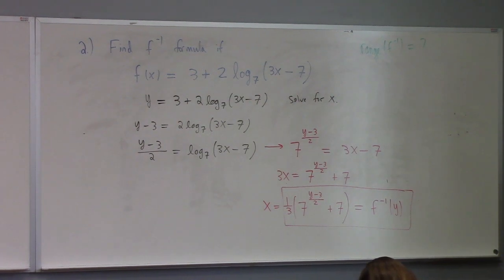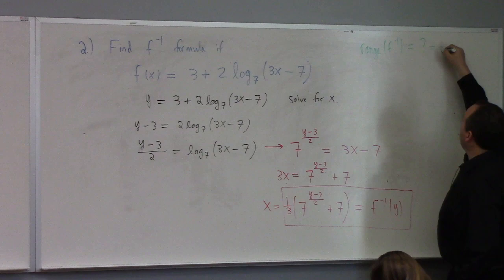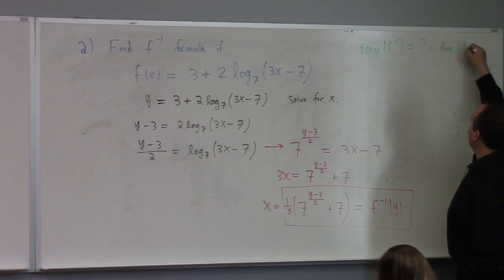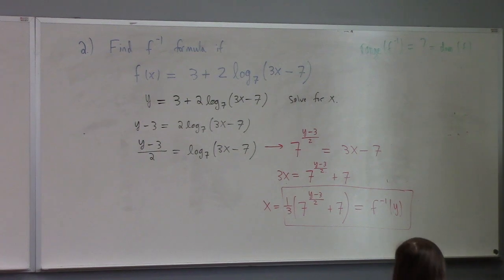Nope. The range of the inverse function will not be everything. See, the range of the inverse function will be the domain of the original function. And the domain of the original function is not everything.